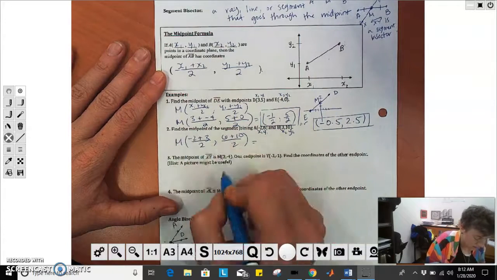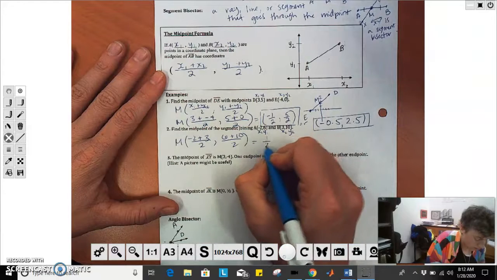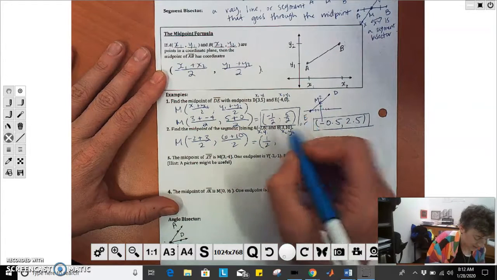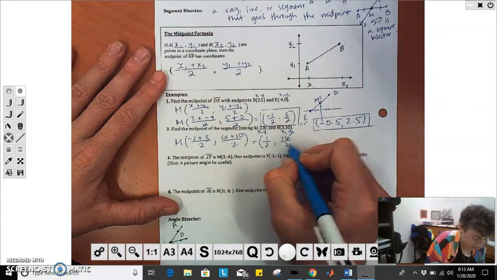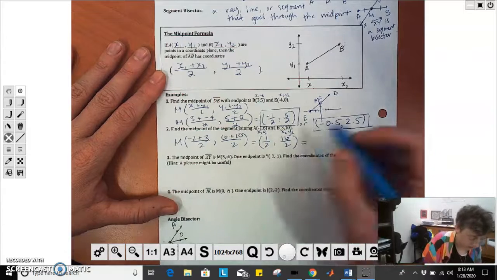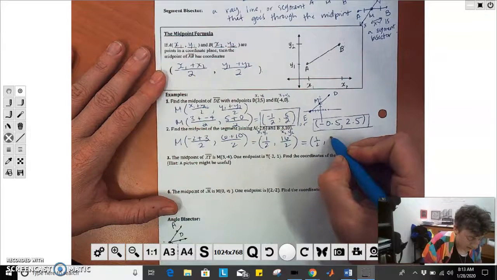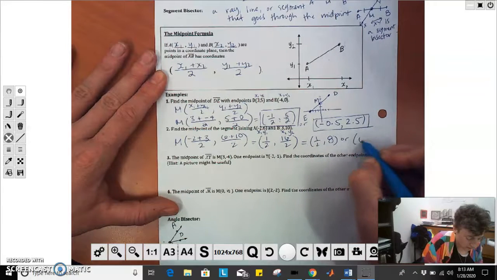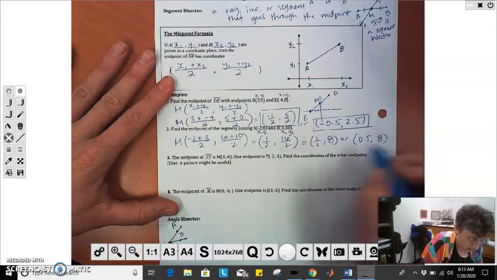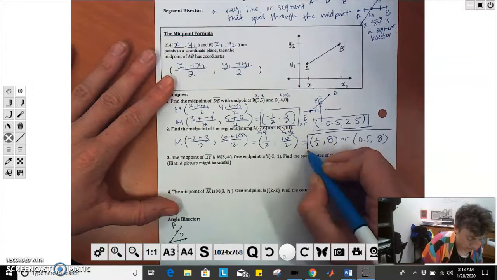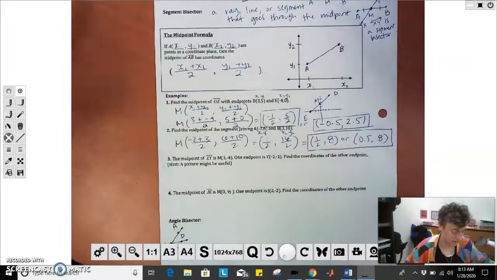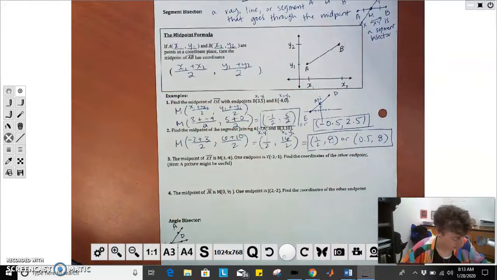What's -2 plus 3? That's 1 over 2. What's 6 plus 10? That's 16 over 2. We simplify: 1/2, comma 8, or 0.5, comma 8. Those are two possible ways to talk about the midpoint.